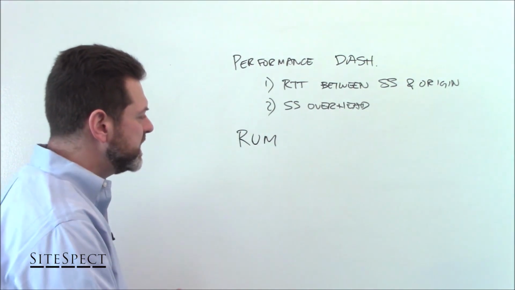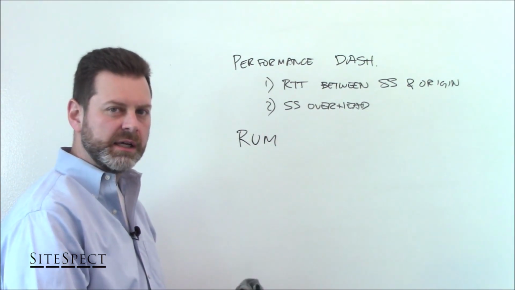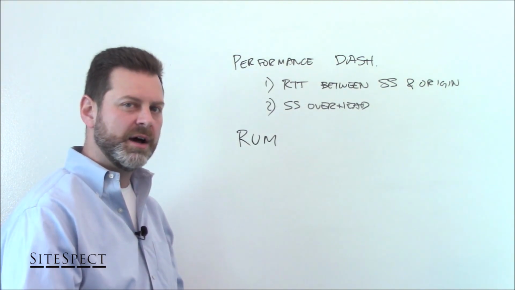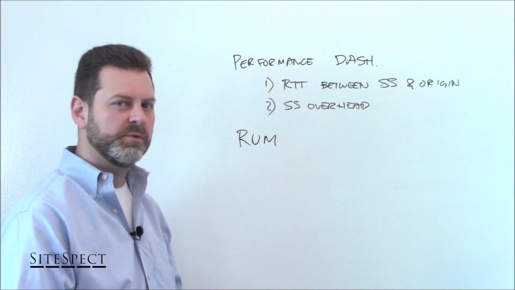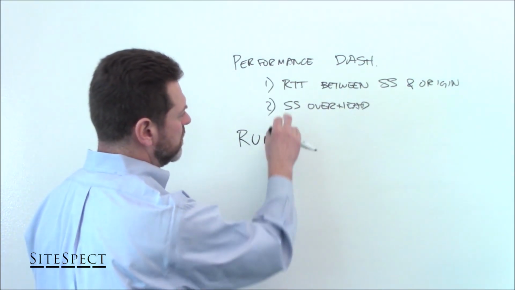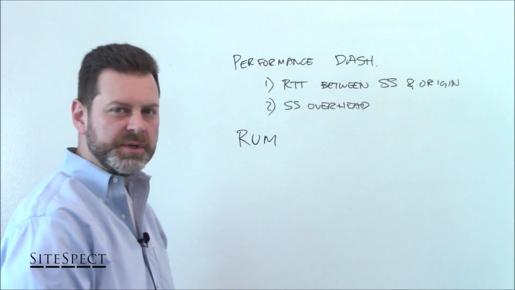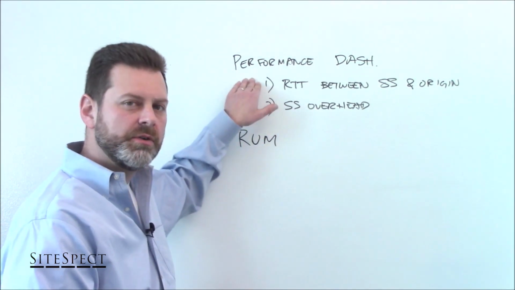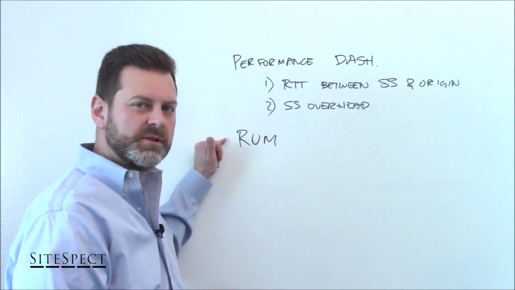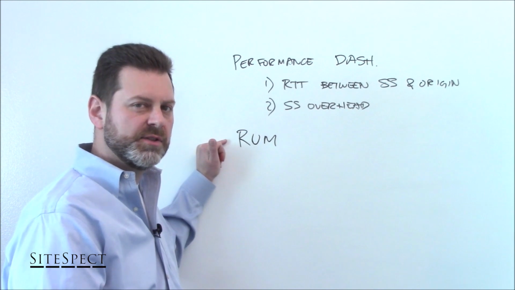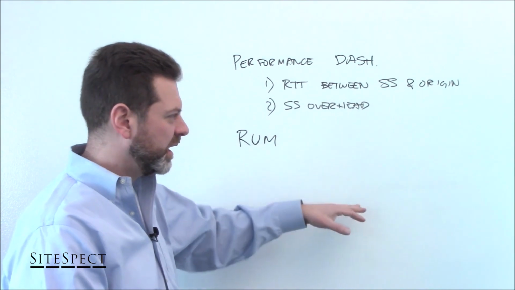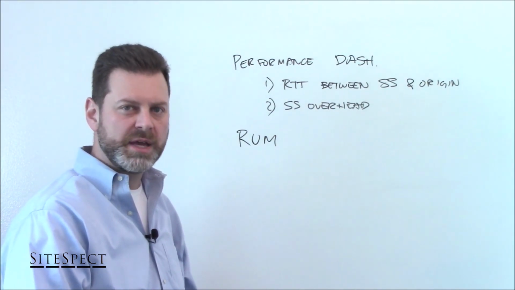But what it does is it inserts an inline beacon into the page that will take all of the measurements, the browser telemetry around page load time, rendering, document ready, complete, all that sort of stuff, and it will record that in addition to these two elements. So now you have the ability to not only know how fast or slow your origin is on a very granular basis, but all the other stuff that's going into your page: third-party assets, third-party code, third-party beacons, ad beacons, other different JavaScript tools that you may use for other reasons.